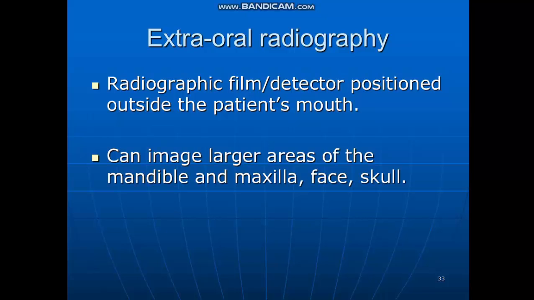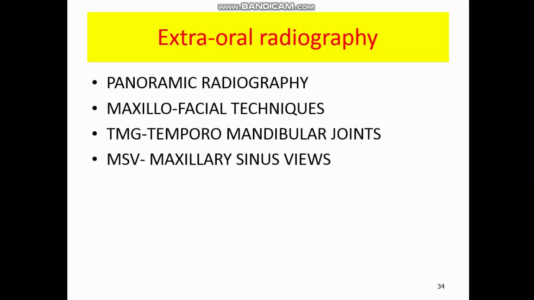In these methods, the radiographic film and detector are placed outside of the patient's mouth, and these methods can image large areas of the mandible and maxilla, face and skull. There are different types of extraoral radiography: panoramic radiography, maxillofacial techniques, TMJ view, temporomandibular joints, and maxillary sinus views.